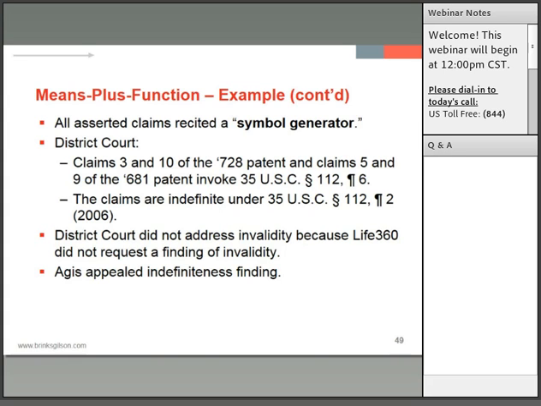As you can see, it doesn't even have the word device or means or whatever. Instead of device for generating, it said generator. But the district court said that these claims that recite the symbol generator do invoke the means plus function section. And so, because no structure was disclosed, the claims were indefinite.